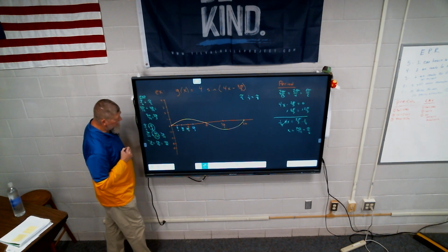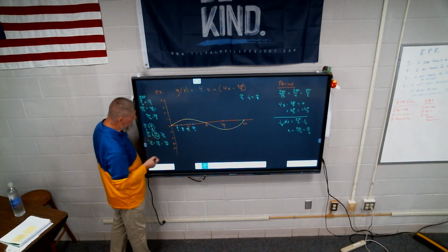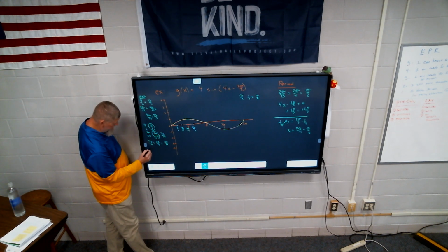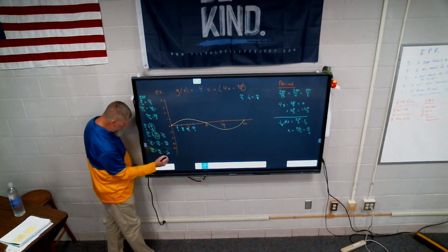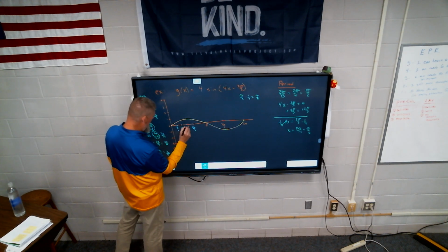Yep. And I think we have to find one more. I'm going to be off on my graph. How do I find the next one? 10 pi over 24 plus 3 pi over 24 is 13 pi over 24. And you just keep adding that same 1/8.